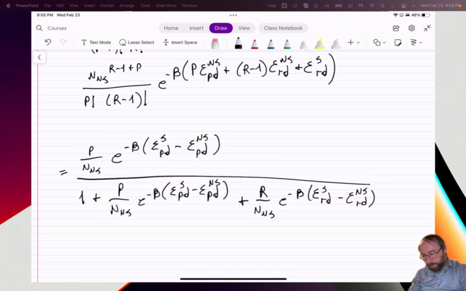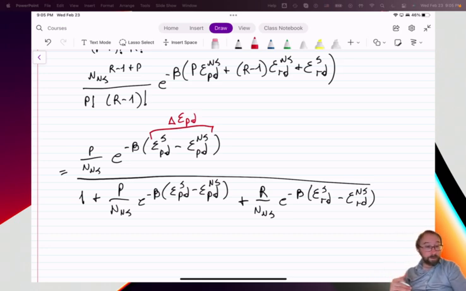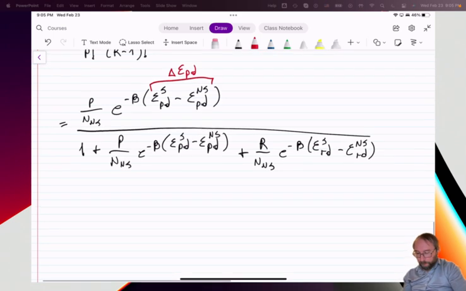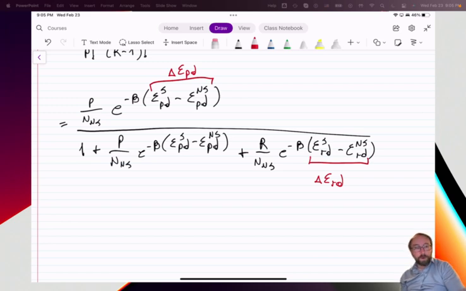so we can define a few interesting things. For example, we can say that this is delta epsilon PD, the difference between RNA polymerase being bound specifically and non-specifically to the DNA. And this we're going to call delta epsilon RD, the same type of difference, but now in the context of the repressor, the difference between the energy of the repressor being bound specifically minus the repressor being bound non-specifically.